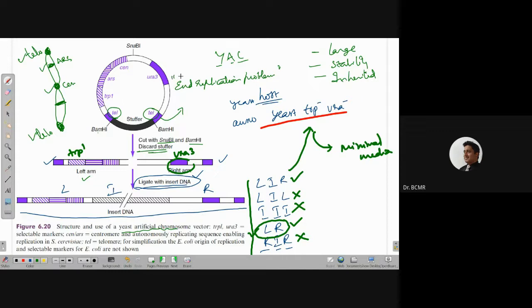After each round of DNA replication, please have a look at it, I wouldn't have enough time to discuss. There will be a primer synthesized, and then that means we will not have any way of synthesizing the last bit of the 5 prime end of the DNA. So after each round of replication, there is a possibility that the chromosome becomes smaller and smaller.